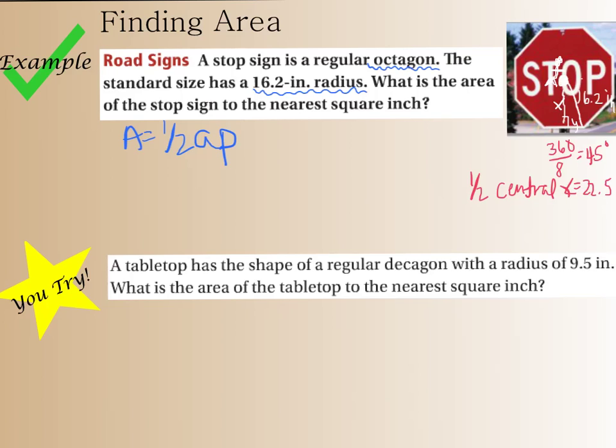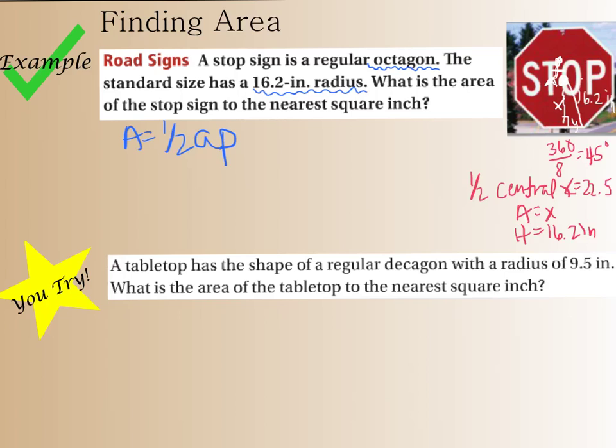Well, if I'm trying to find X, X is my adjacent side to where I'm standing, and I have my hypotenuse. So if I have my adjacent being X, and my hypotenuse is 16.2 inches, I have adjacent and hypotenuse, I can use cosine.